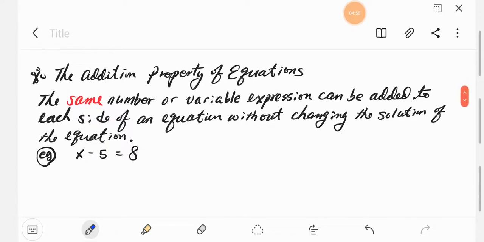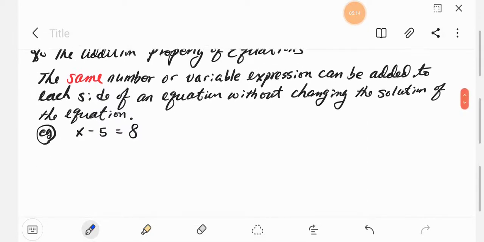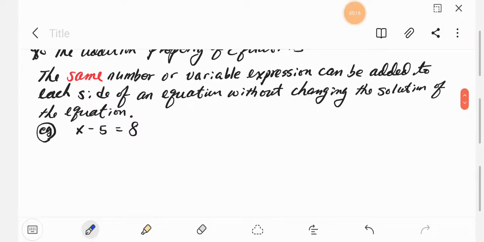Here is a very, very important concept. Actually, you learned this one in chapter 2: the addition property of equations. The addition property means that if there is an equation, x minus 5 is equal to 8, then you can add the same number to each side of the equation.